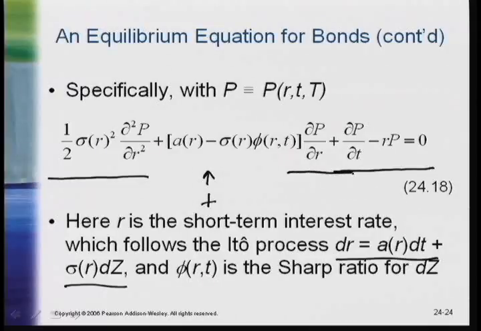If there's a surprise in this equation relative to Black-Scholes, it's the coefficient of the derivative of P with respect to R. It's this term. And I want to investigate that and explain why it is that all the rest of this differential equation looks just like Black-Scholes once we adjust for notation, which we're now going to do, but this particular coefficient is different than what's in Black-Scholes, and it's understandable why it's different. And we're going to now pursue this question.